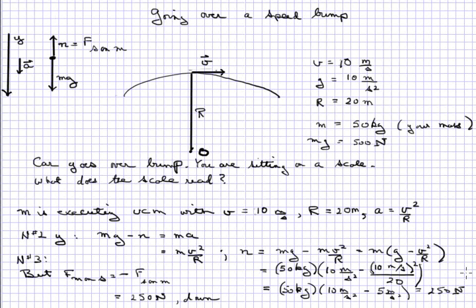And that indeed can happen, and the way in which that would happen would be that instead of having a circle that's concave down, you could have a circle that was concave up. So in other words, if you were going like this instead, then this acceleration would be pointing up, N would be bigger than mg, and your apparent weight would be bigger than your normal weight.